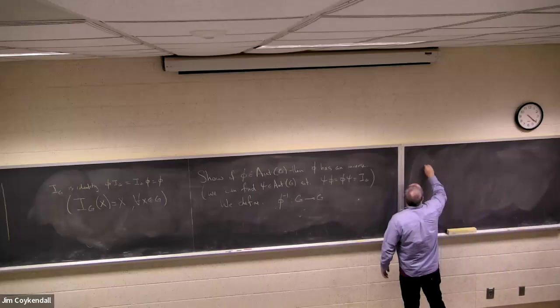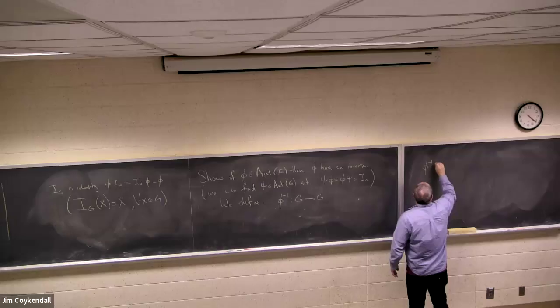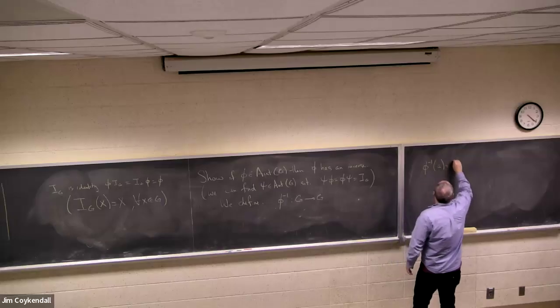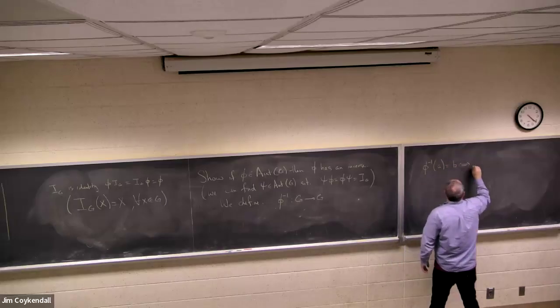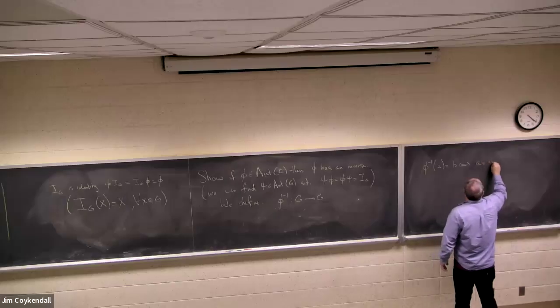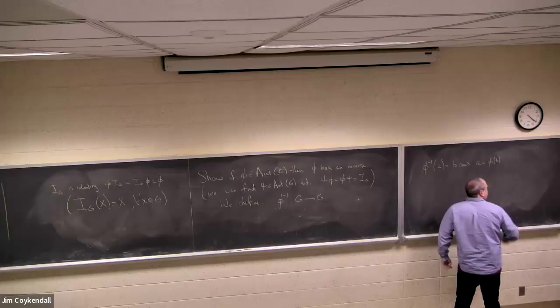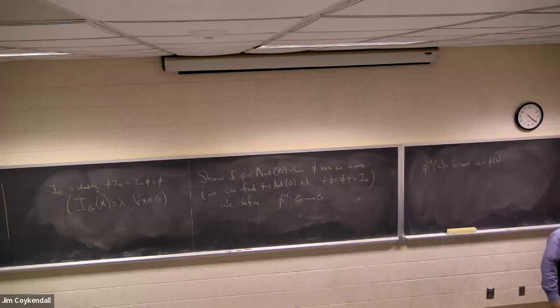They'll say phi inverse of A is equal to B if and only if A is phi of B. This is the way the inverse function is defined. It undoes phi. So if phi takes B to A, the inverse function takes A back to B, right? It's basically the reverse gear of phi. That's what this is designed to do, right?